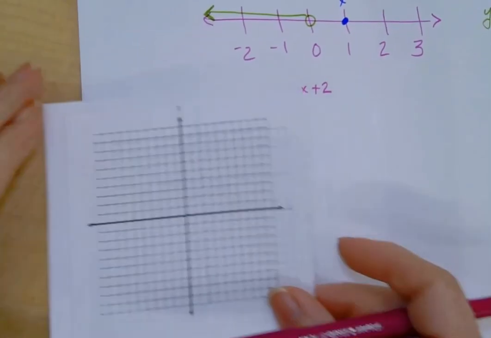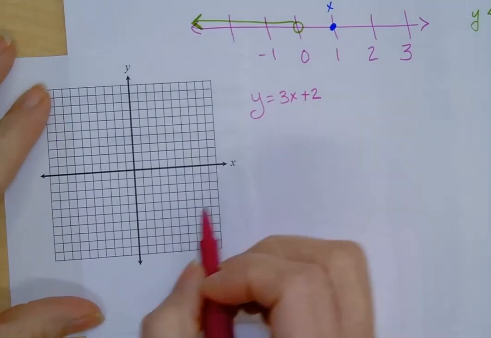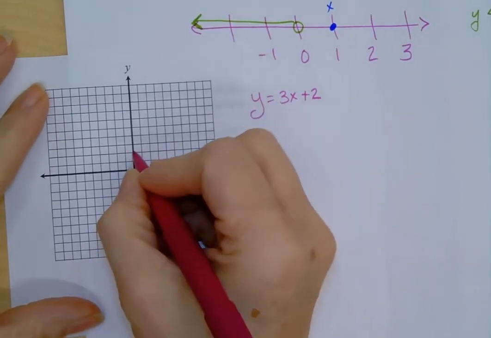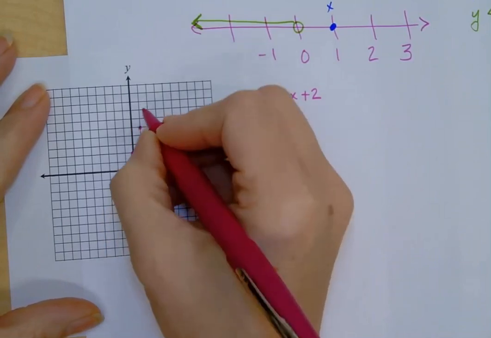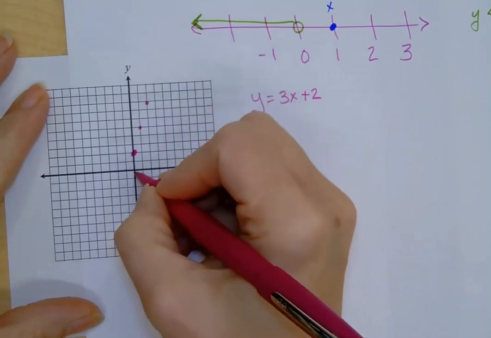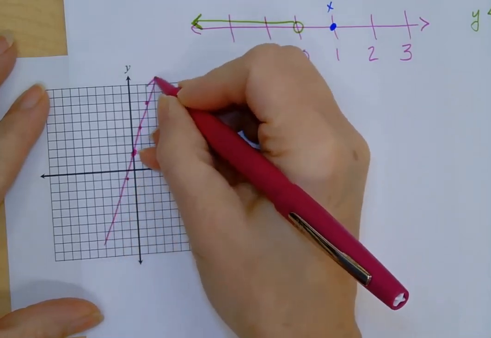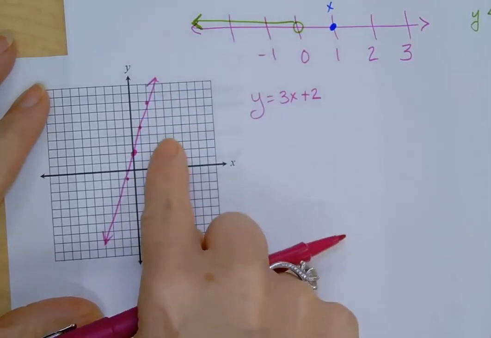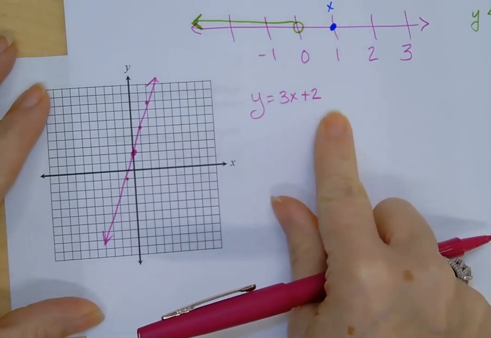I would start here at 2, go up 1, 2, 3, and over 1, up 1, 2, 3, over 1, and make my line like this. Forgive me for not having a perfectly straight line. That is the graph of the linear equation y equals 3x plus 2.